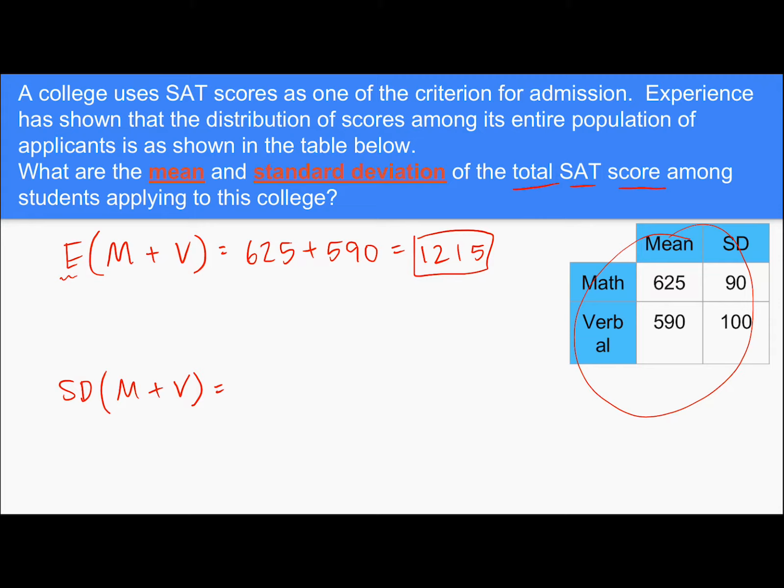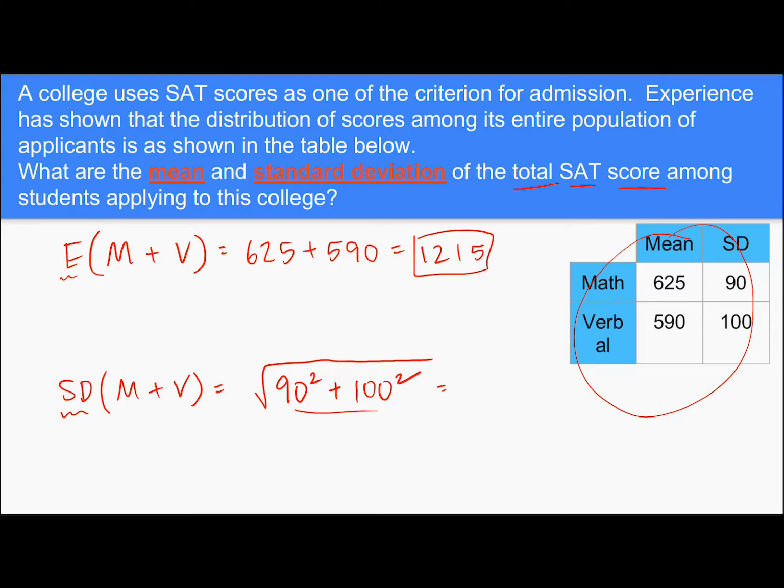Now for standard deviation, what we would do is add the variances. Our rule for standard deviation was that we can't just straight up add standard deviations for two different variables. We have to add their variances and then work backwards. So we're going to add their variances, 90 squared plus 100 squared, right? That would give us the combined variance, and then I'm going to square root that to get back to the standard deviation.